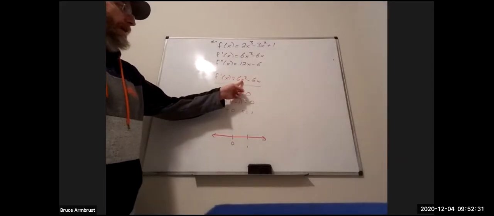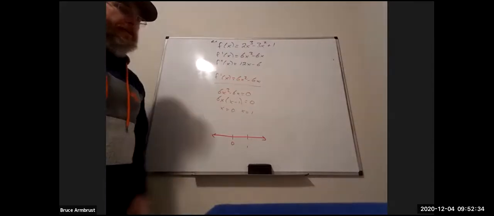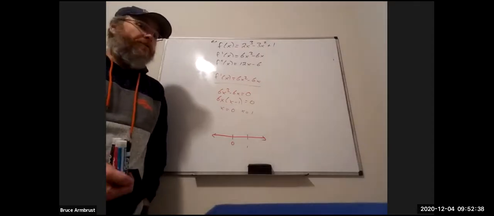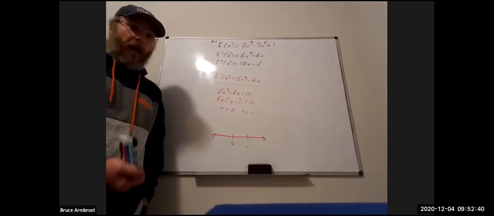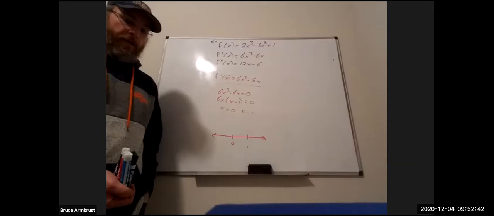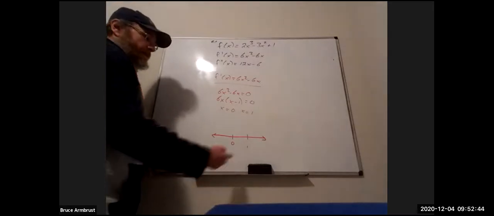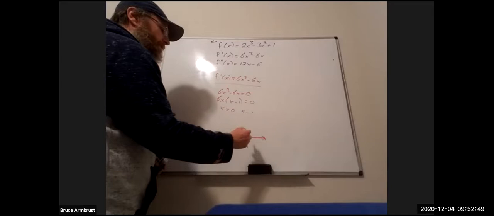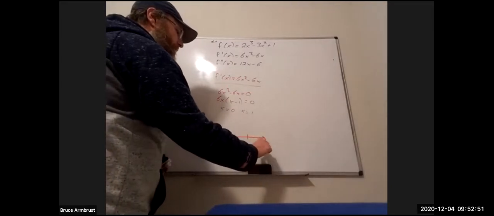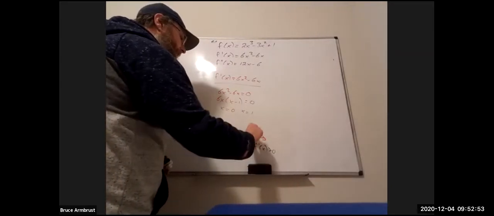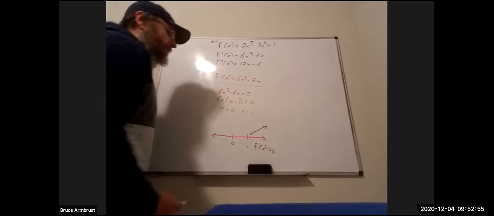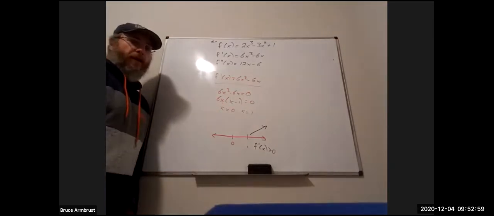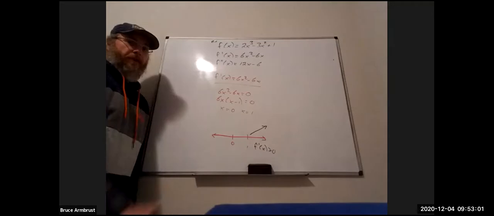I would get 600 minus 60, which is 540. The 540 doesn't really matter, but the fact that it's positive tells me that the derivative is positive over here. And so positive derivative tells me that my function is increasing. So when I'm to the right of 1, my function's increasing.